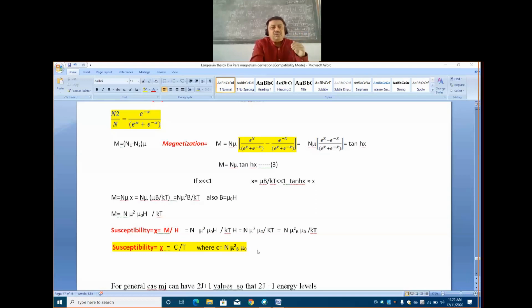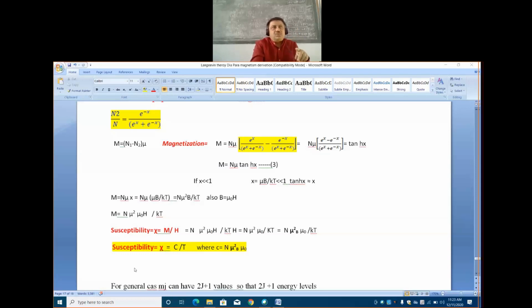So you may also be asked sometimes for the general case. Suppose L is equal to 0, mj is a projection of j, the total angular momentum, along the field axis. If mj has 2j plus 1 values, that is 2 values, then only 2 energy levels will be there.